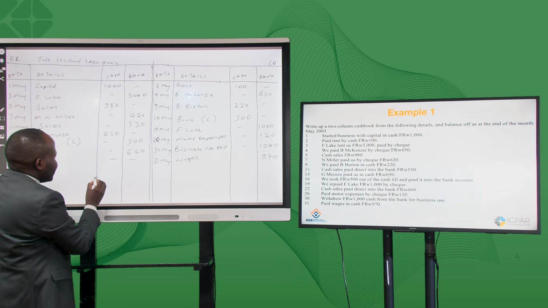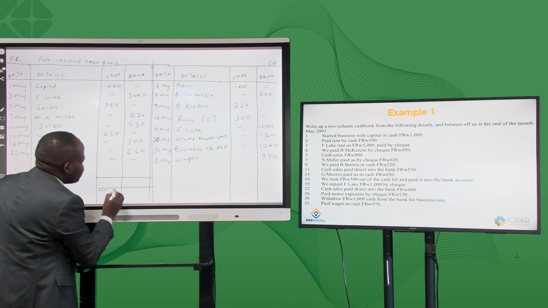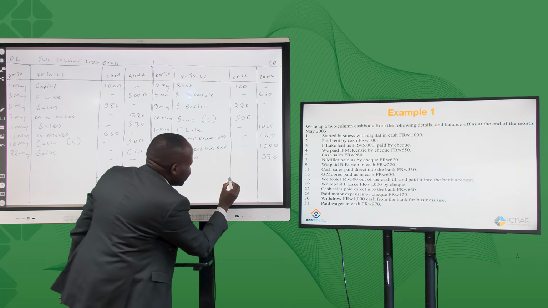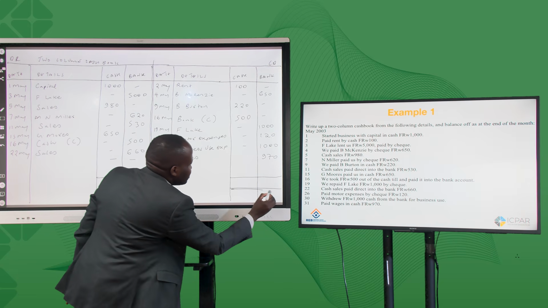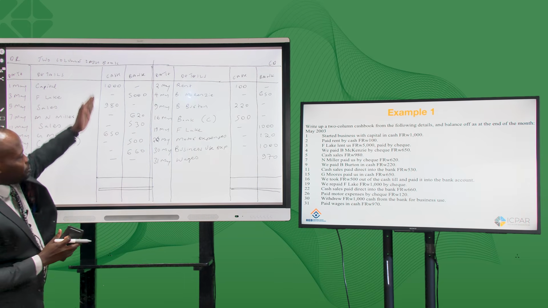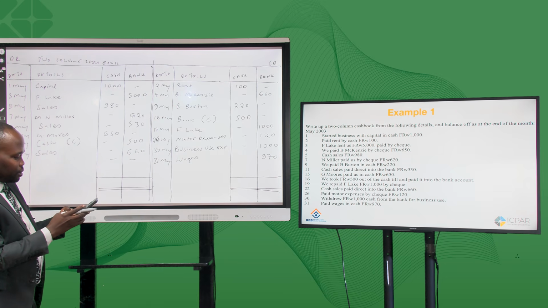We skip one line and then we get the totals. Totaling is what we call casting. To cast is to get the totals. So we get the total of the debit. Like here we have 1,000 plus 980 plus 650.